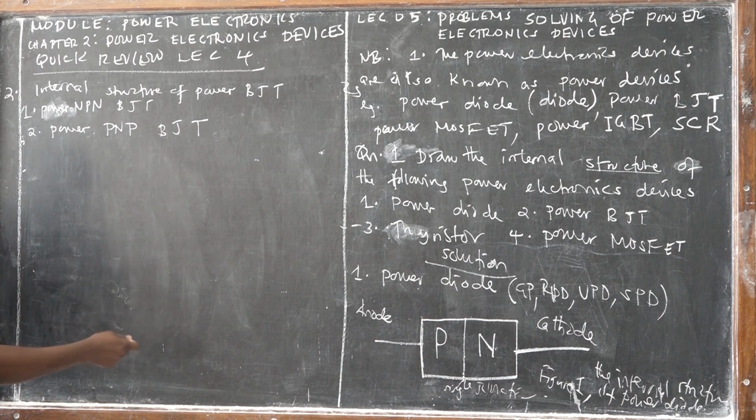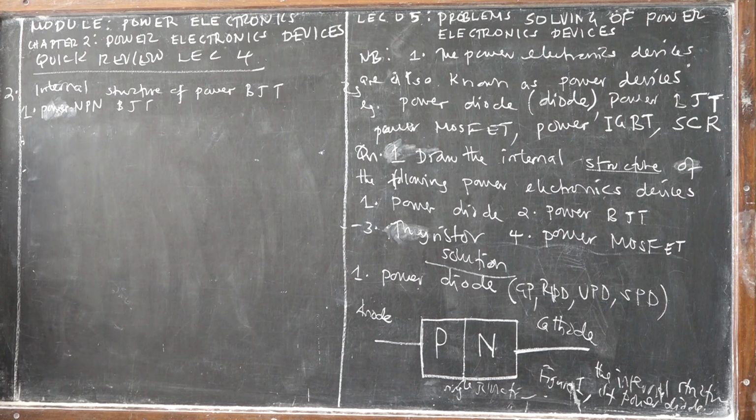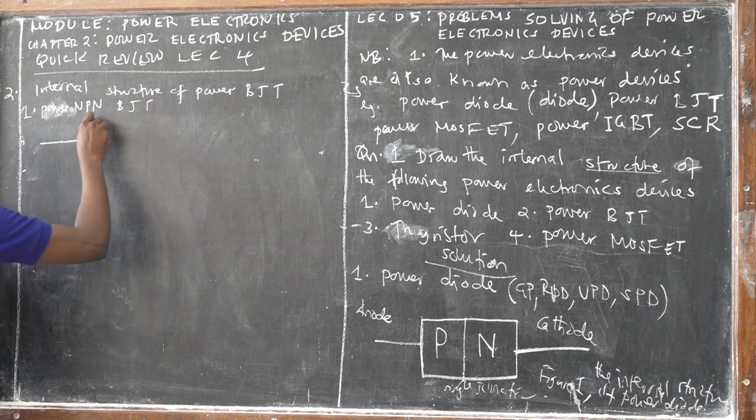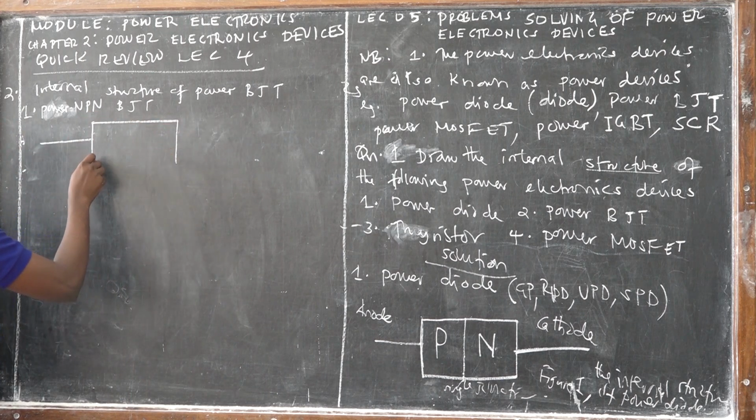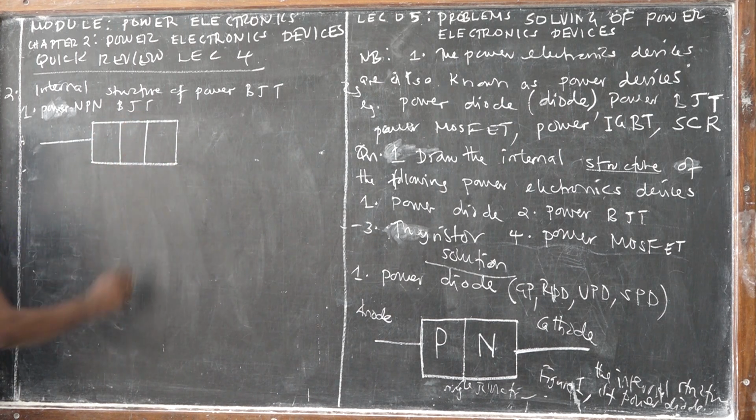Now, if you want to draw the internal structure of a power NPN bipolar junction transistor, that is simple. Stop writing. Let us draw together. How many junctions are we going to have? Two. The first junction is called what? NP junction. The second one is called PN junction.